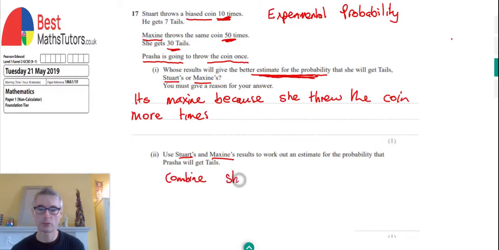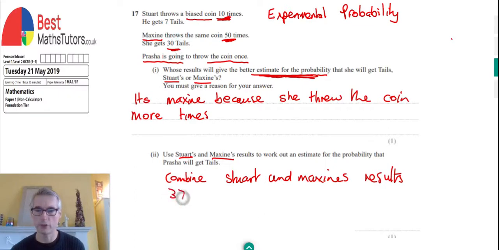We're going to add the total number of tails. So we've got 37 tails in total if we add the 7 and the 30. So we've got 37 tails out of, and then if we add the total number of goes, it's 10 and 50, out of 60.